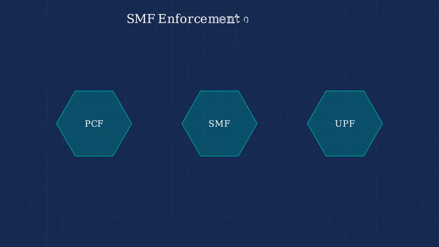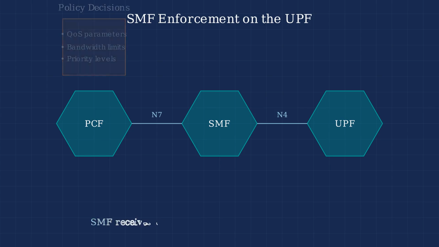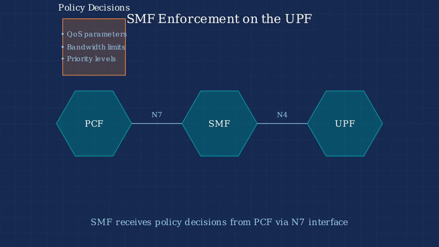After the policy control function makes policy decisions, the session management function must enforce these policies on the user plane function. The policy control function determines policy decisions such as quality of service parameters, bandwidth limits, and priority levels. The SMF receives these policy decisions from the PCF through the N7 interface.